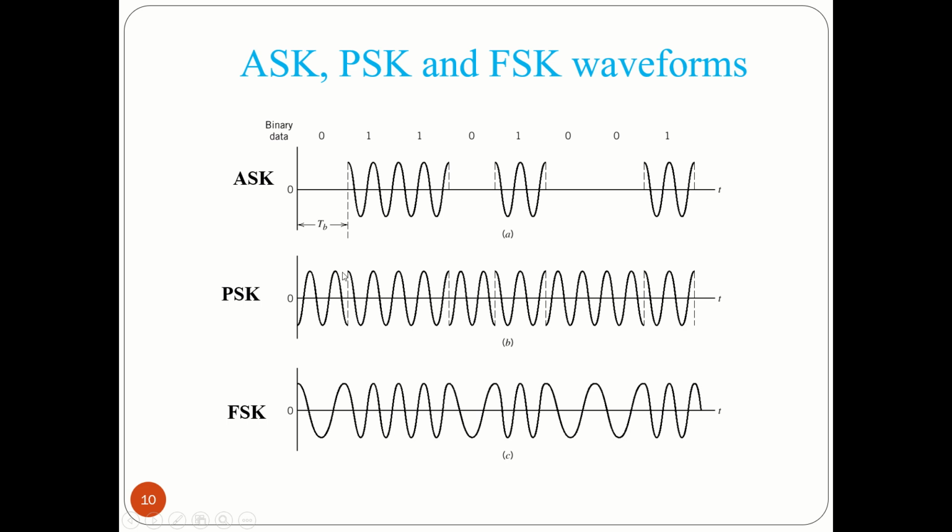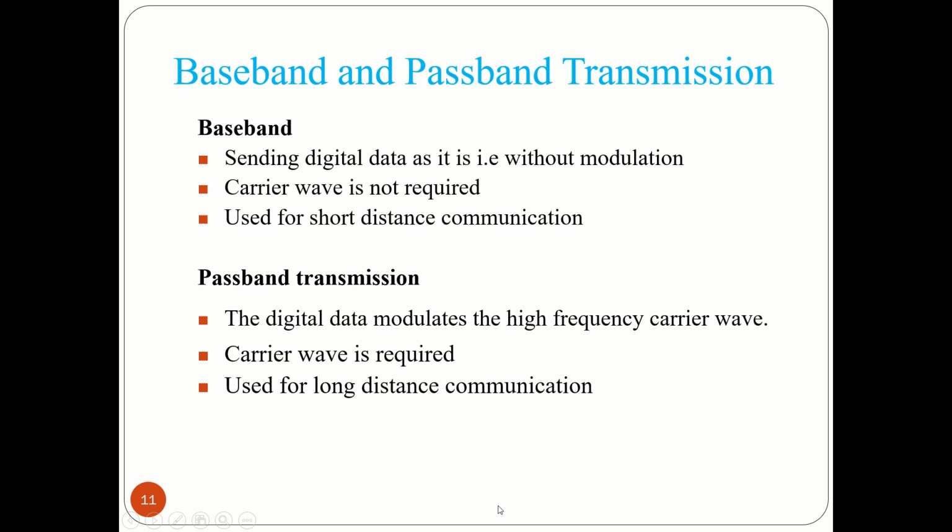For phase shift keying, when there is a transition from 0 to 1, and from 1 to 0, there is a change in the signal. And for frequency shift keying, for a 1 transmission, the time difference is very small, meaning the frequency is higher. We have high frequency for 1 transmission and low frequency for 0 transmission.